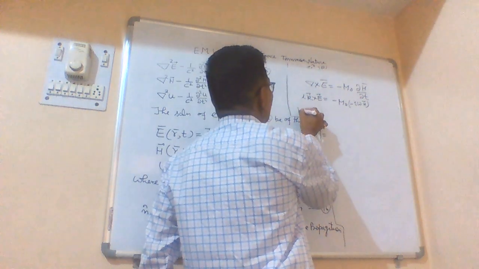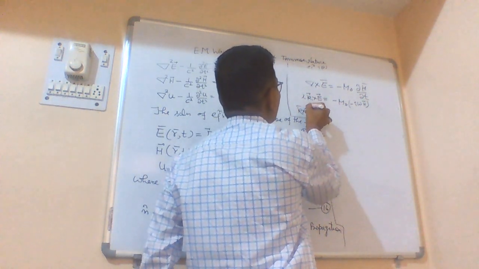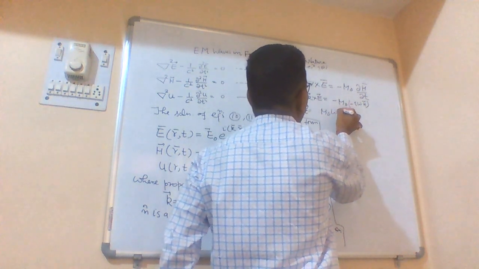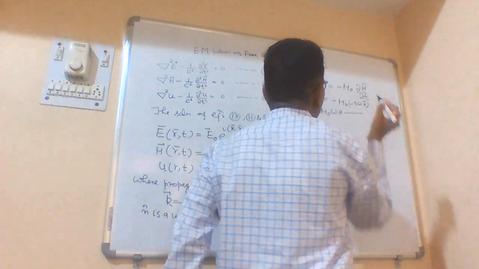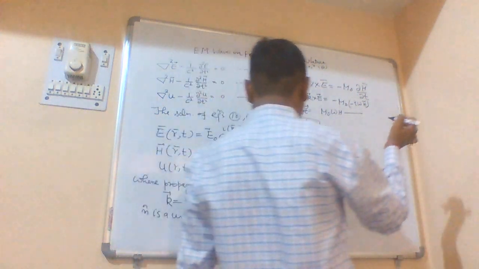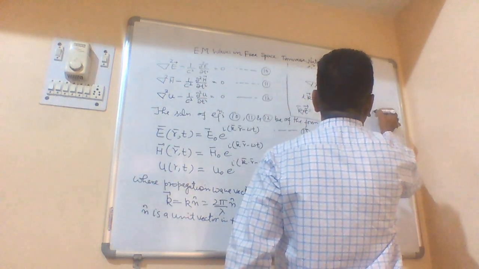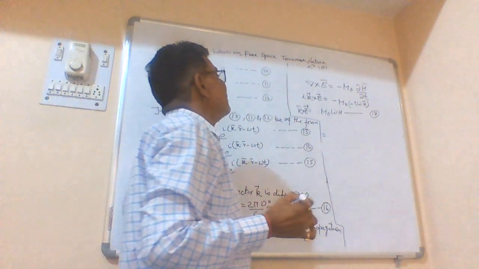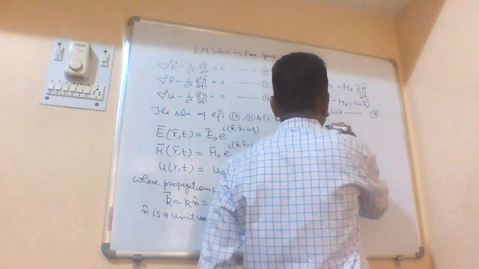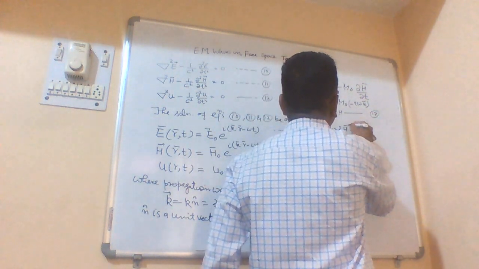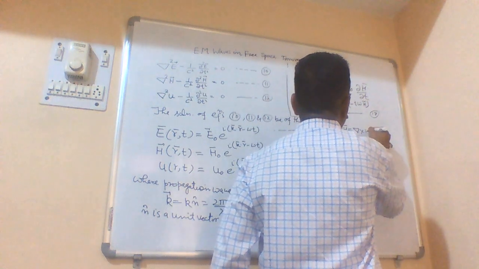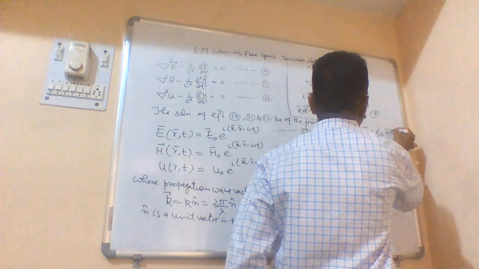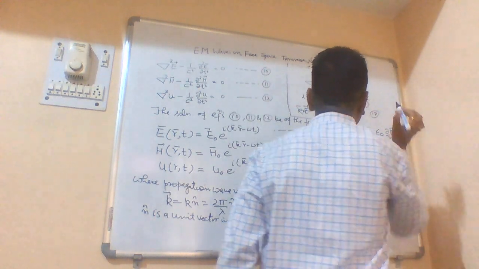or k cross E is equal to mu naught omega H. See, this is your equation number 17. From equation 3 D, which means curl H, that is del cross H is equal to epsilon naught delta E by delta t.